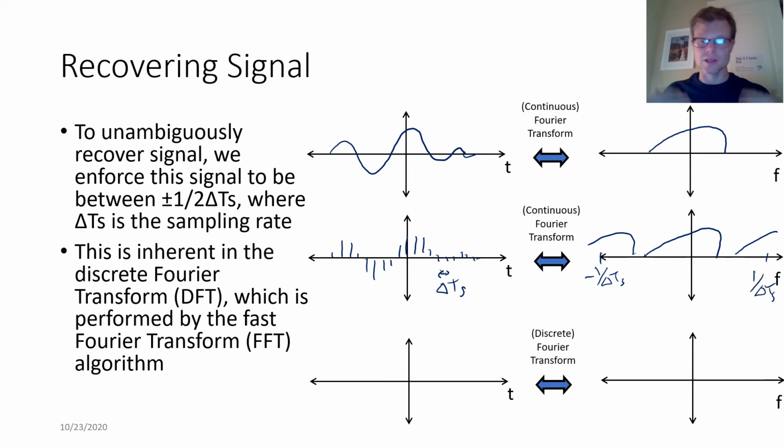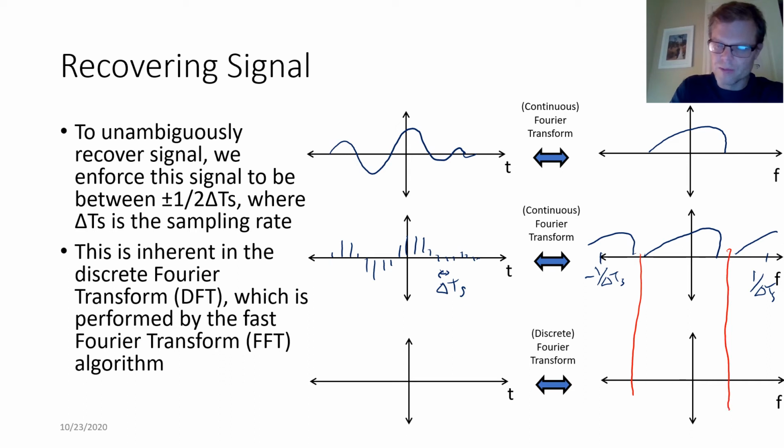And that's if we look at things from the perspective of the continuous Fourier transform. But what the discrete Fourier transform actually does, and we often call this the FFT because that's the algorithm that we used, is it only gives us this central region of frequency.